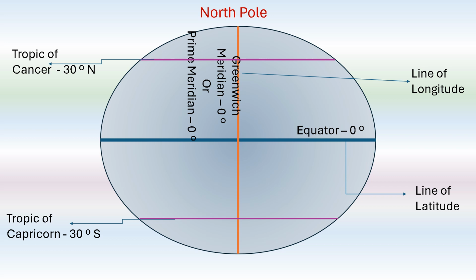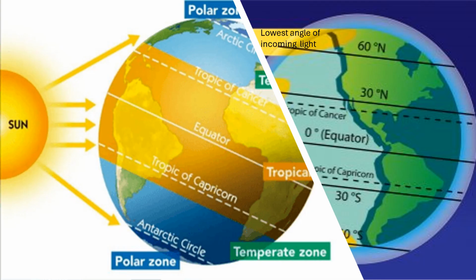You must ask yourself, why are these two lines of latitude taught to us? Why is it important? Now, it is important because you must know that the Earth is tilted. So, because it is tilted, between the Tropic of Cancer and Tropic of Capricorn, this area receives direct sunlight, the direct rays from the sun.